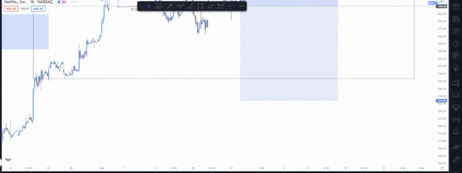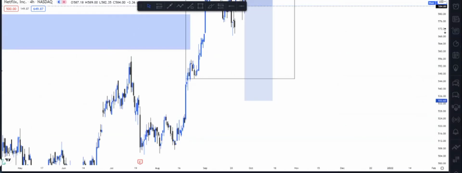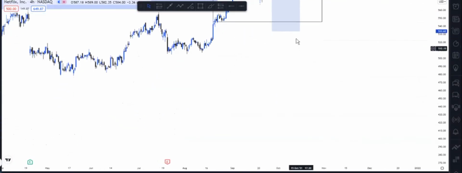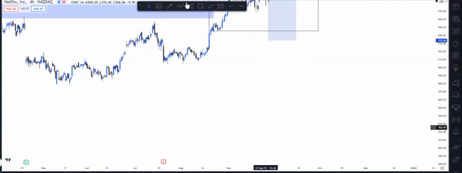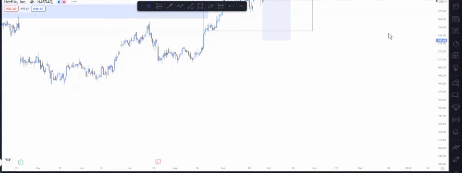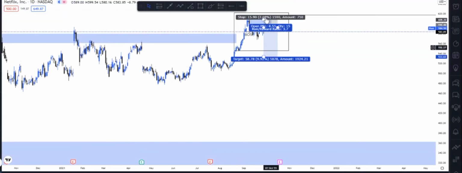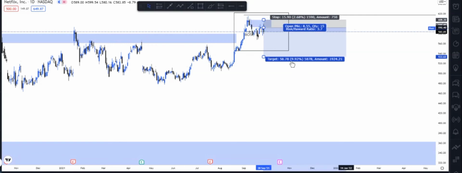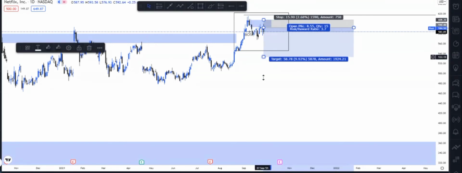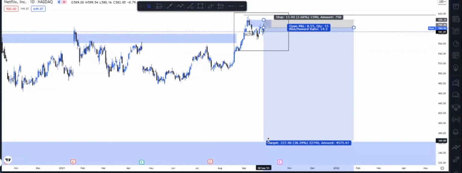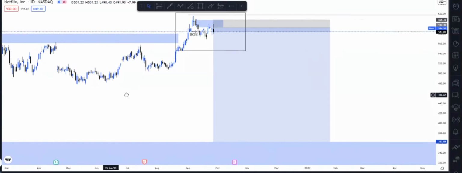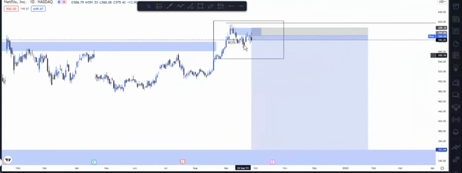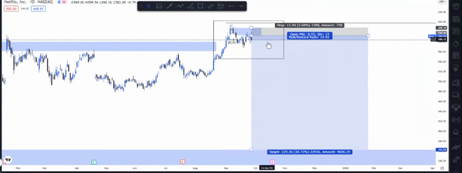Let me go back to a much more reasonable time frame. Back to the daily time frame. So if this is to run, this is a nice 1 to 14, because if I'm a stock trader already in this market right now, I would just sell.